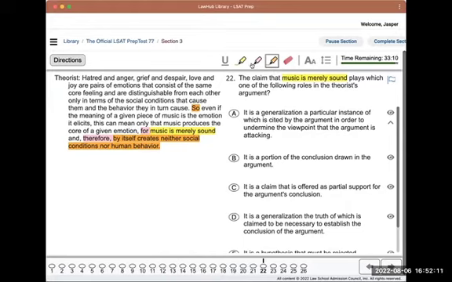Okay, so this is a conclusion that they come to, right? That music just produces the core of a given emotion. Why? Well, because music is merely sound and therefore by itself creates neither social conditions nor human behavior.